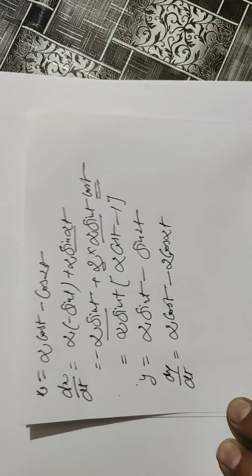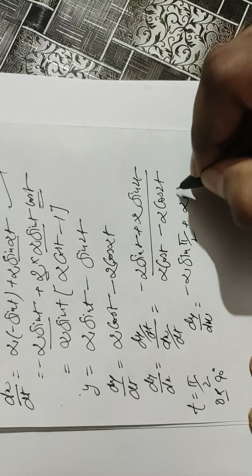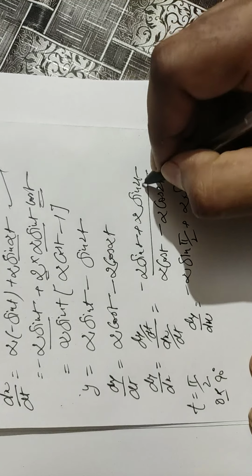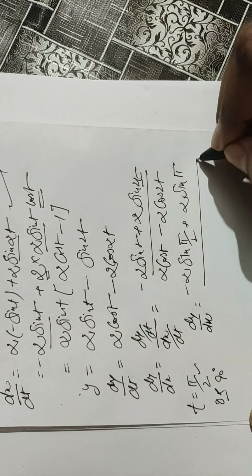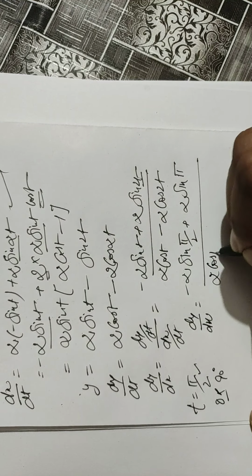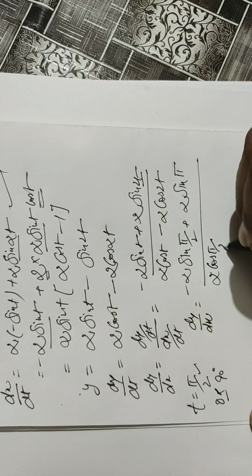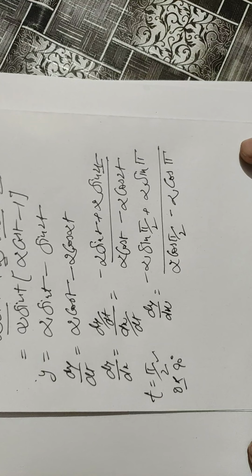So the value of dy by dx, when t is replaced by 90 degrees, becomes minus 2 sin 90 plus 2 sin, where double the angle means double of 90, which becomes 180, that is pi, over 2 cos 90 minus 2 cos 180. Now how can we find the value?